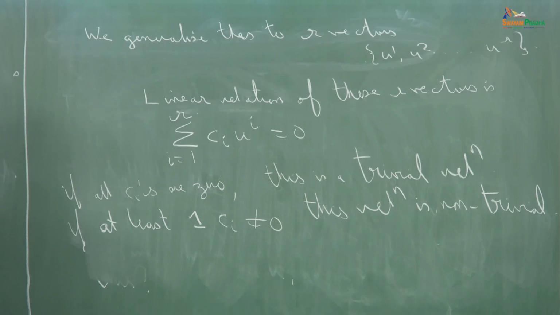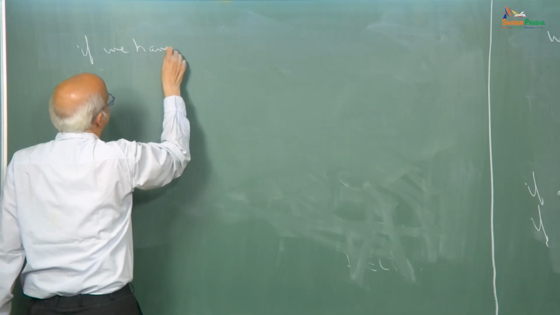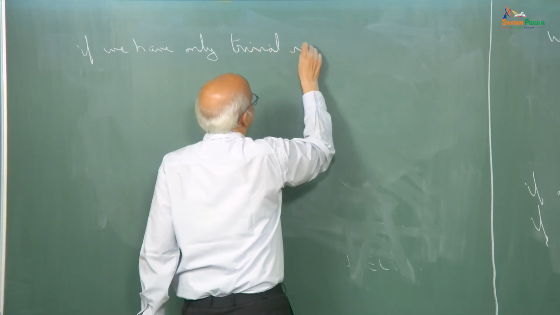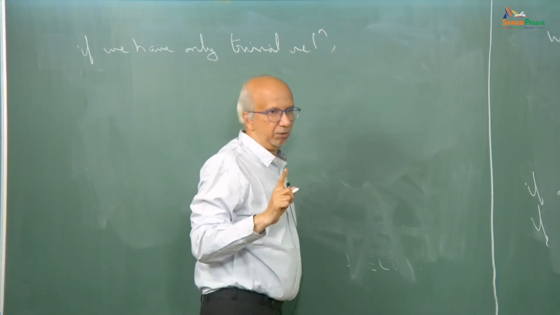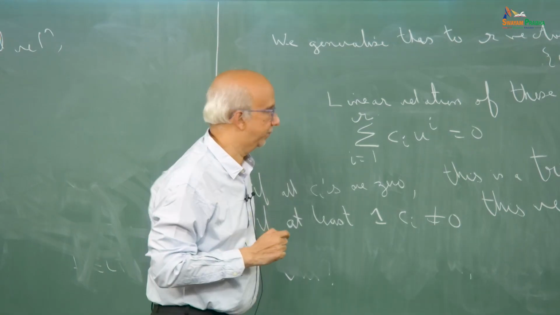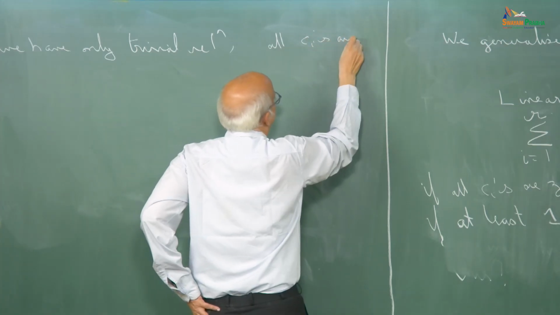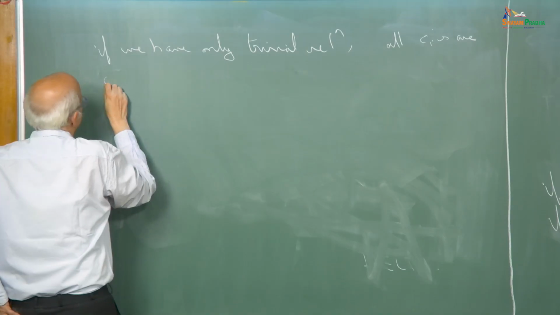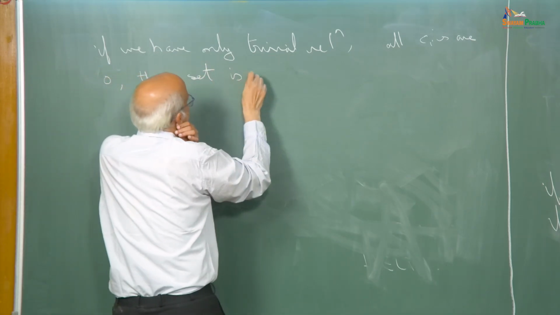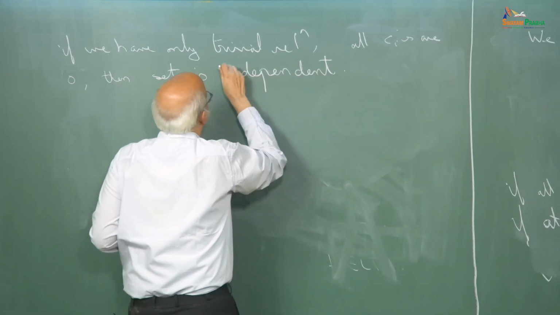So, if we have only the trivial relationship, which means the only way the equation can be satisfied is if all the ci's are 0, all the constants are 0, then the set is independent.